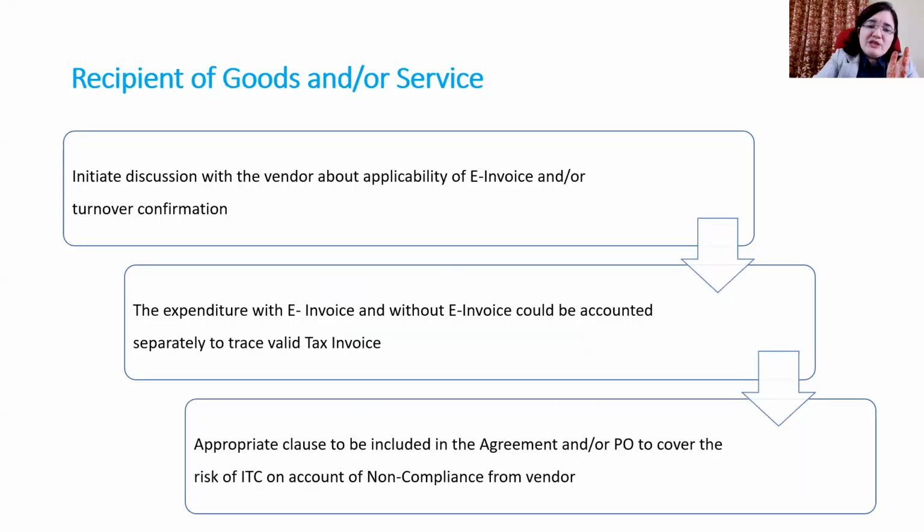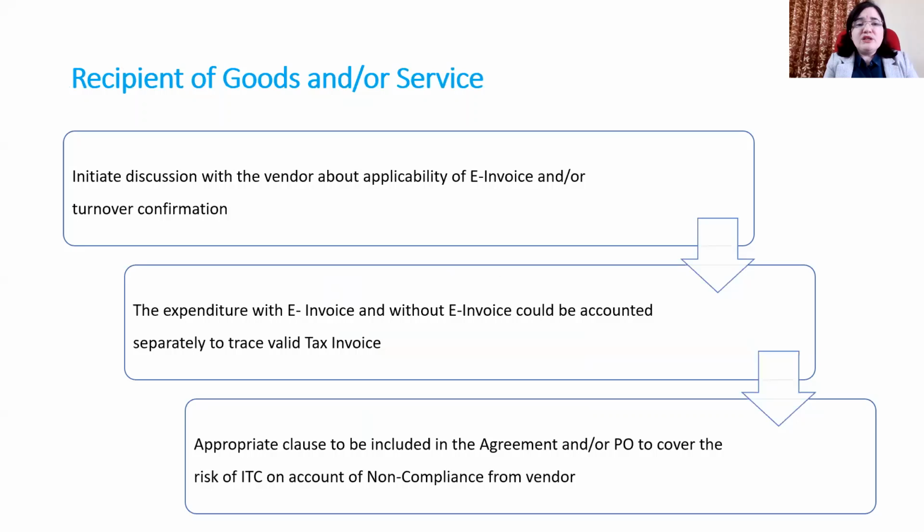So if you are a bigger company, start tracking such transactions, so that afterwards it would be easy for you to know how many purchases are from vendors having turnover above 100 crore. And one way you can at least substantiate the fact that you had taken all due care that your vendor is giving you a proper e-invoice or tax invoice, and you are in possession of the proper tax invoice.